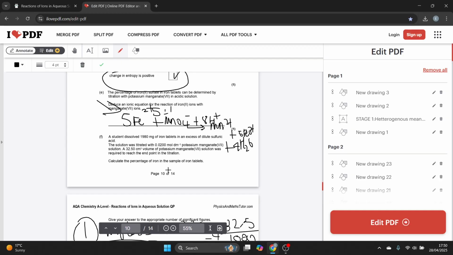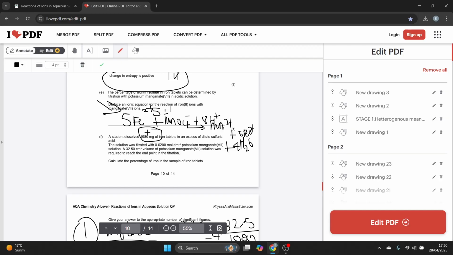Then that's the molar ratio, that's the moles, and then moles to mass is moles times by the Mr, but in this case it's in milligrams, so 1.980 grams. No, sorry.